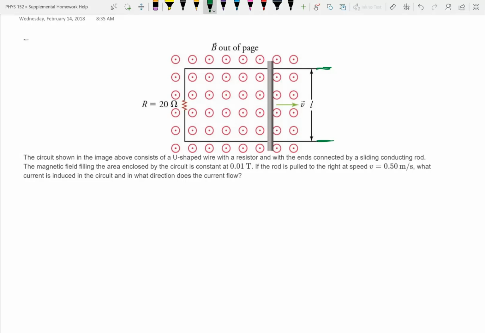So what's going on that would create a current? There's magnetism.